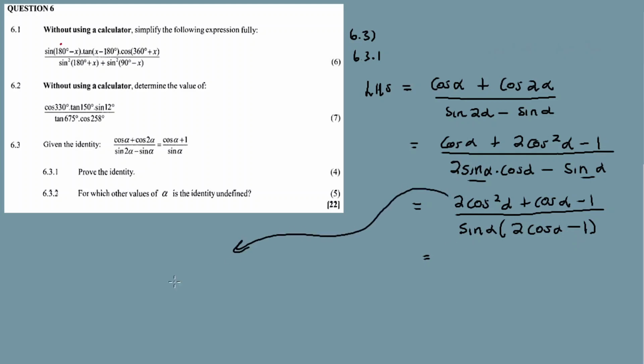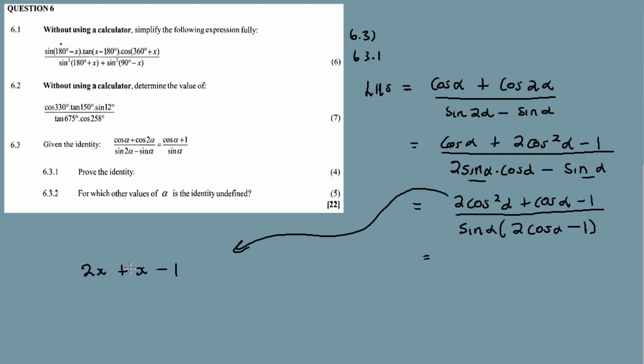We must factorize this one: 2 cos squared alpha plus cos alpha minus 1 divided by, skipping a common factor here, which is sine alpha open bracket 2 cos alpha minus 1. So this trinomial in the numerator is like 2x squared plus x minus 1.